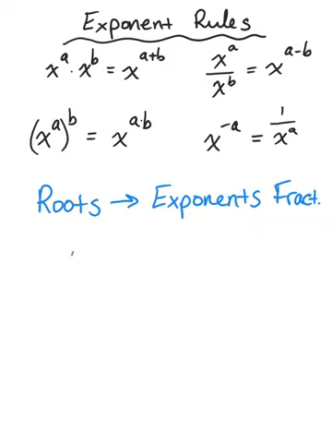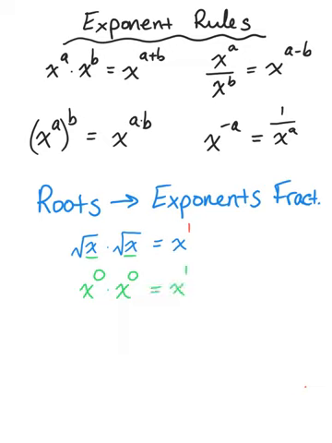So on my last slide, I had square root of x times square root of x equals just x. Now we know that the exponent on just x is 1. We know that the base here is x. So if I were to write this in exponent form, what I'm saying is x to the power of something times x to the power of something equals x to the power of 1.